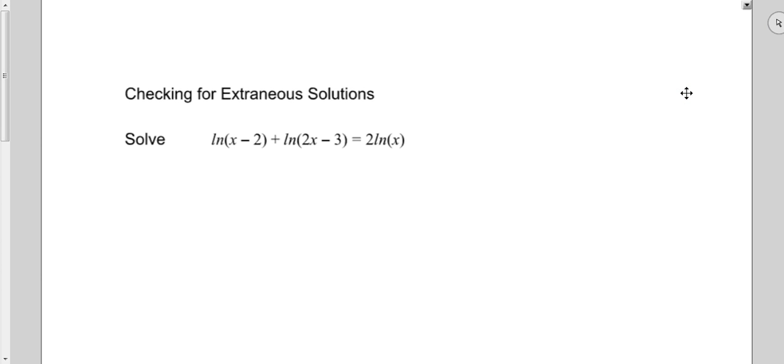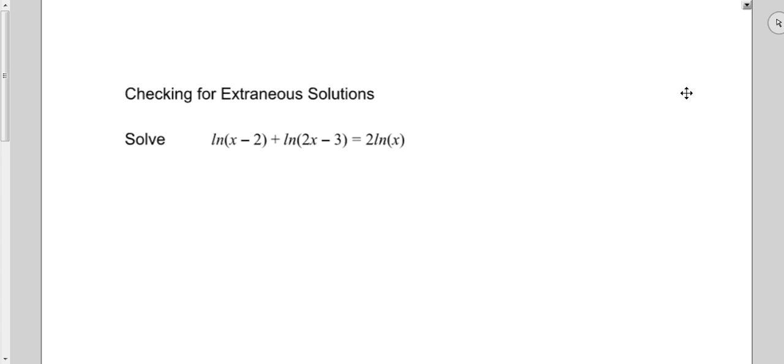Let me ask you this. What can't X be? 2. Can it be 1? No. Why? Because ln of a negative is a domain error, right? So what are my restrictions to the domain of this expression?